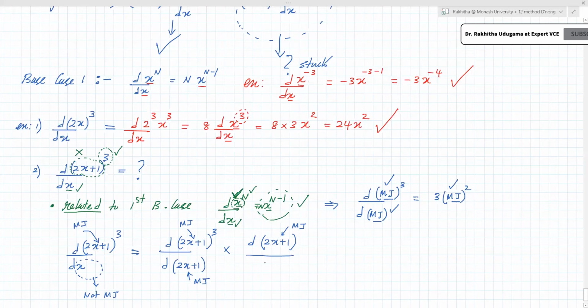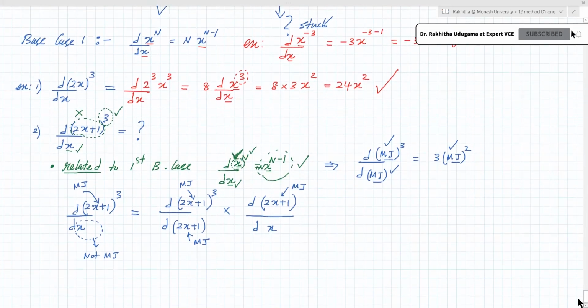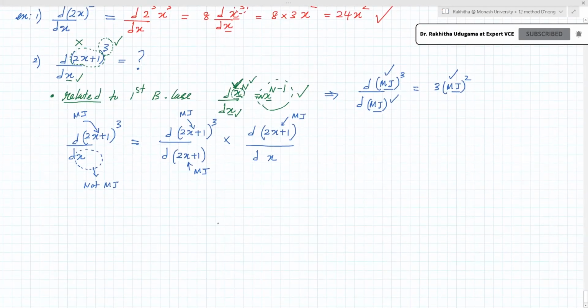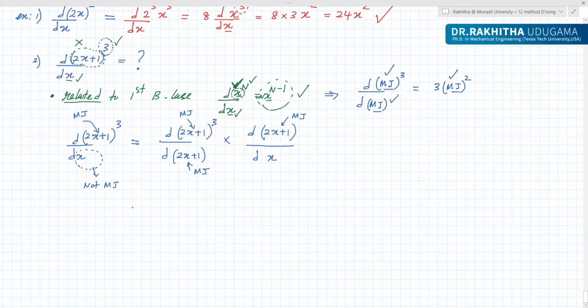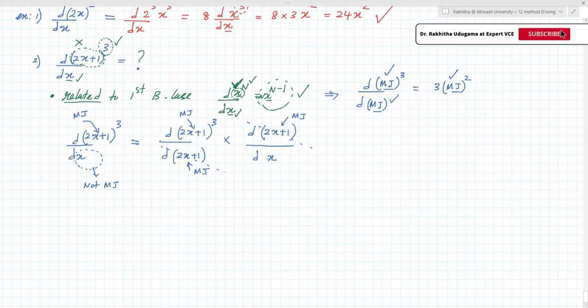Then underneath this, I will put dx. Clear? So this is the construction I did. This is seemingly cancelling each other, see? So then this is what here, this is what over here.